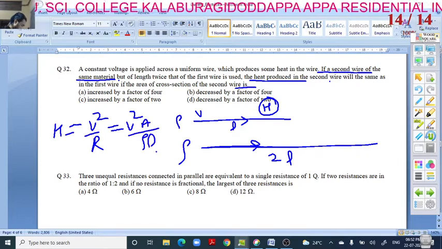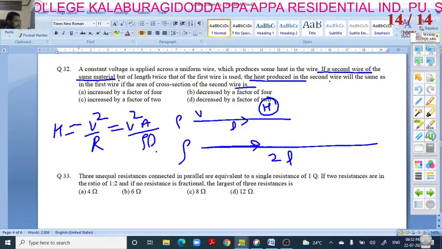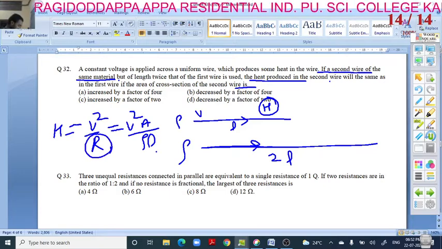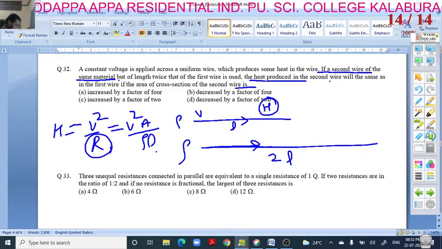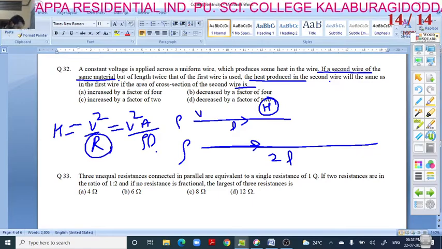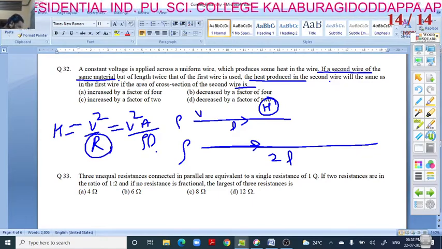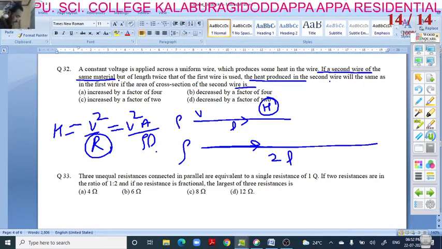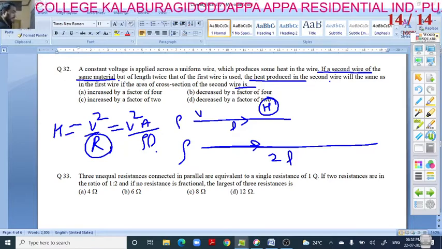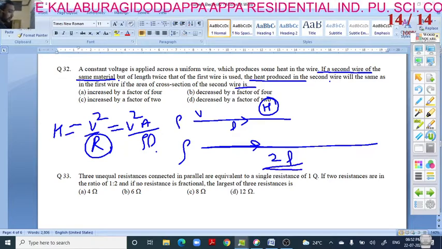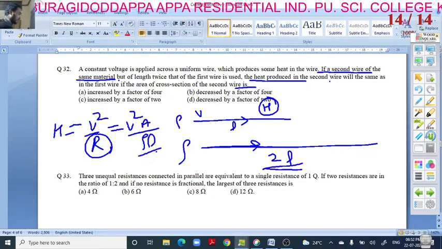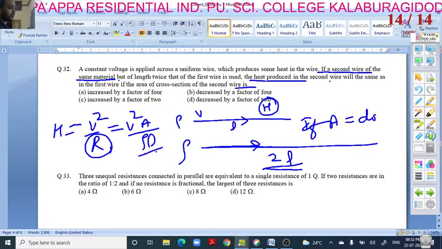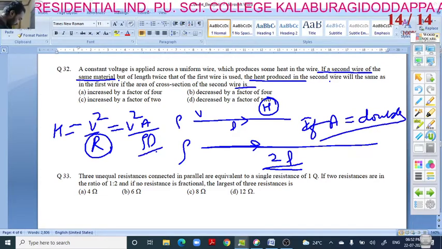It is right. How have we written here? Formula I have written, where rho is the resistivity. Therefore, heat produced will be the same in the second wire if the length is doubled and the area of cross section is doubled.